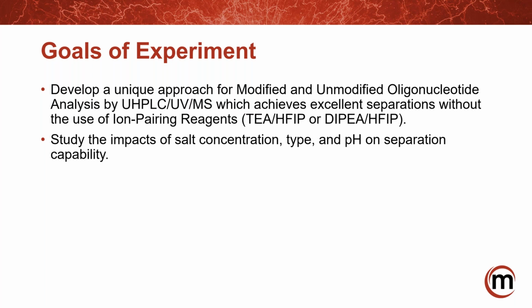The ion pair additives, from a chromatographic side, have the benefit of making the analytes more neutral, so you can retain them on the column. And then the HFIP is there more for the ionization in the MS.